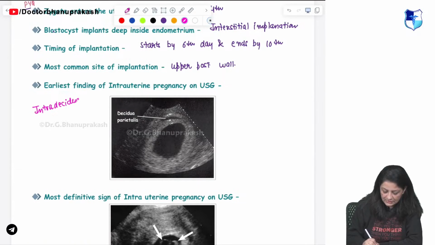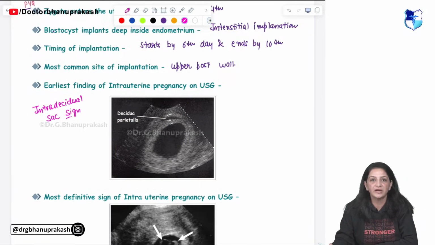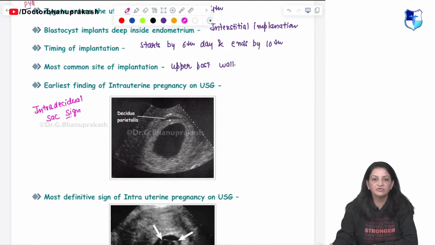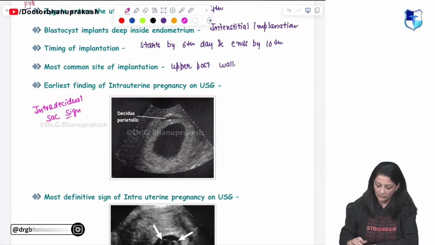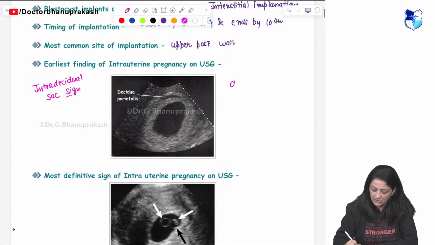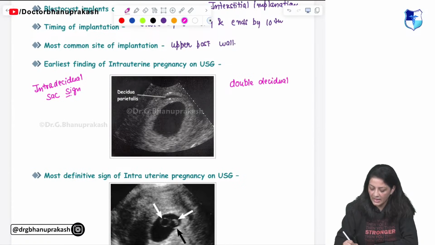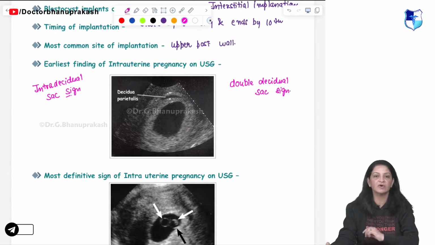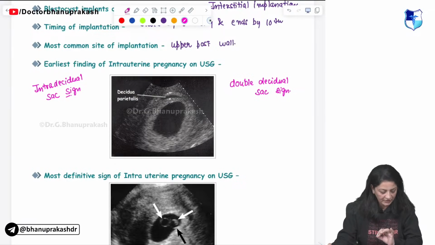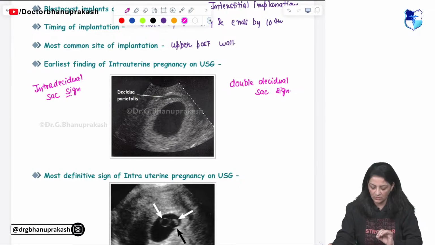Intradecidual sac sign is the first structure on ultrasound in early pregnancy. The earliest finding of intrauterine pregnancy on ultrasound is the double decidual sac sign.